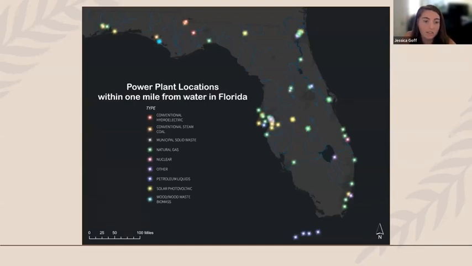Next, we're going to look at the different types of power plant locations. Here we have a map showing the different types of power plants in Florida. It only made sense to show power plants that are within 1 mile from water, so I created a buffer to extract the power plants that fall within that criteria.